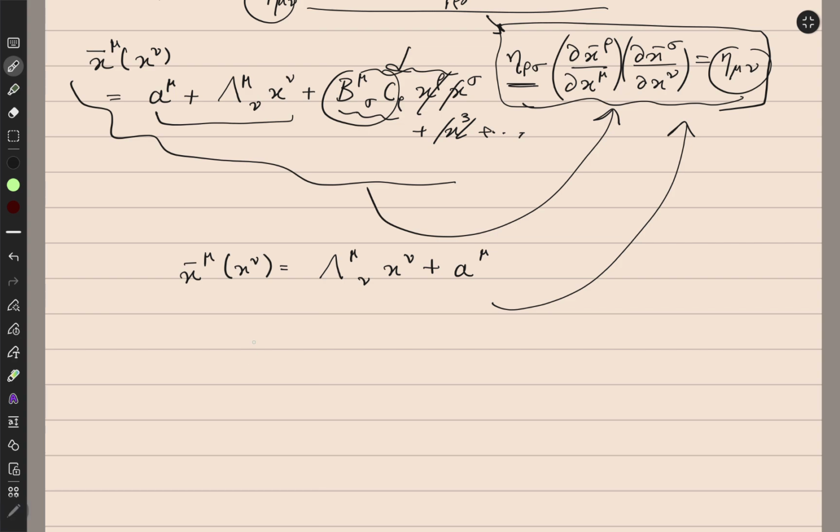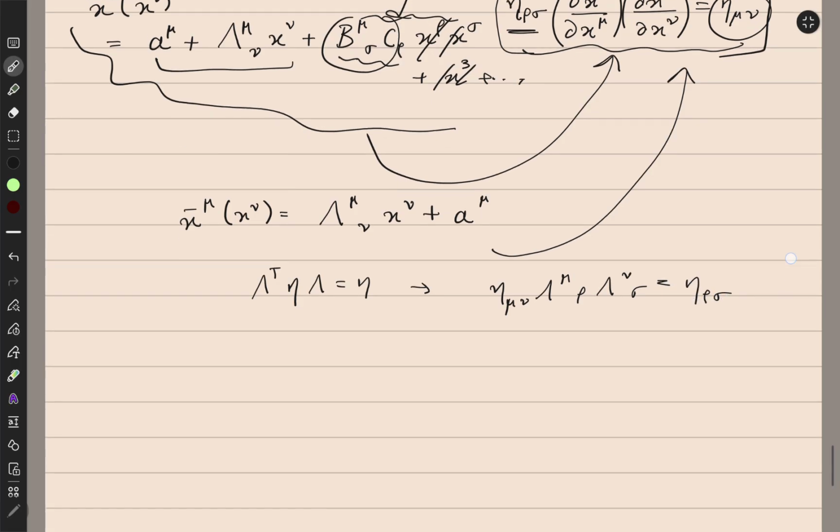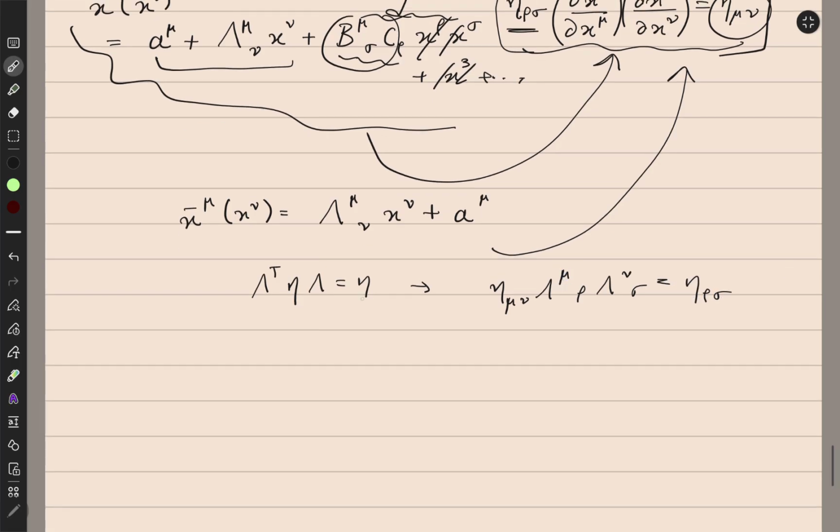It turns out that this is the condition, or in component form you can write it as Λ^μ_ρ Λ^ν_σ η_μν = η_ρσ. So in this sense the Minkowski metric is invariant, after sandwiching it between Λ and Λ transpose. This is the main thing.